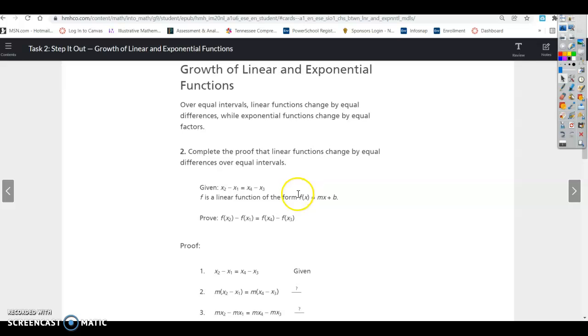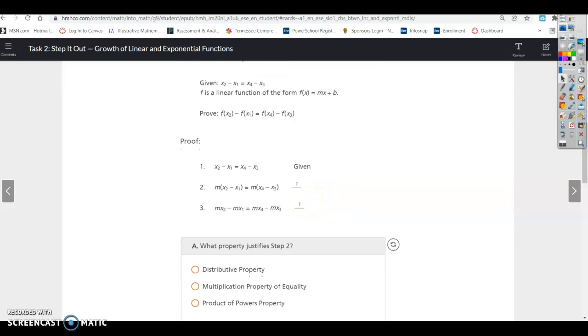b. All right, so this is just your general form in slope-intercept form. This is an 8th grade standard. We have reviewed it some this year, but remember f of x is just function notation. This is the same as y equals mx plus b. M is your slope, b is your y-intercept. So x and f of x are really the two variables here.